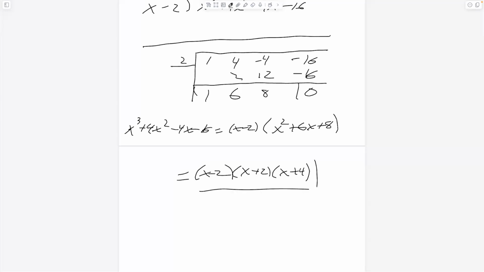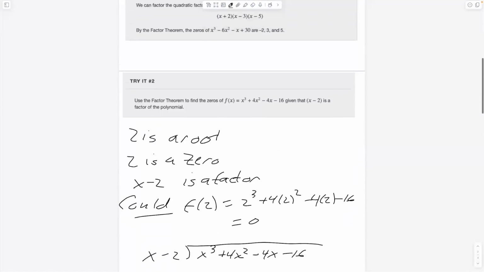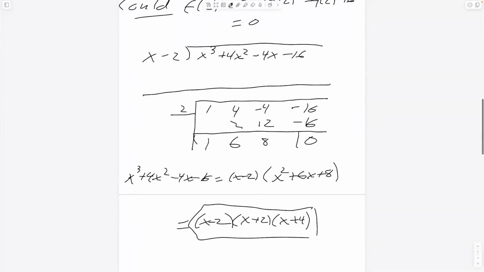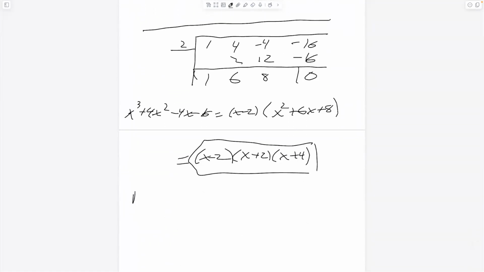So now I have completely factored that polynomial into 3 linear factors. He was 3rd degree. He had 3 linear factors. He has 3 roots. My roots, also known as zeros, will be 2, -2, and -4. We want to think of these as x minus the root.